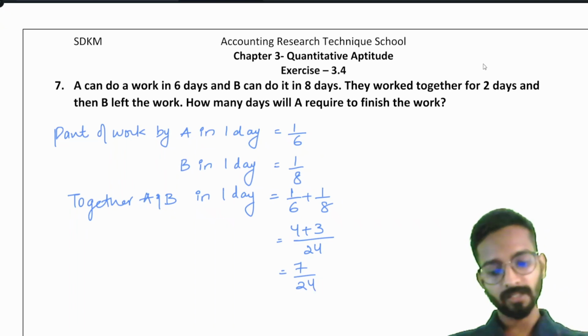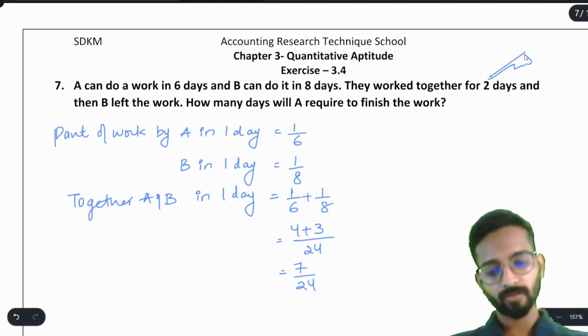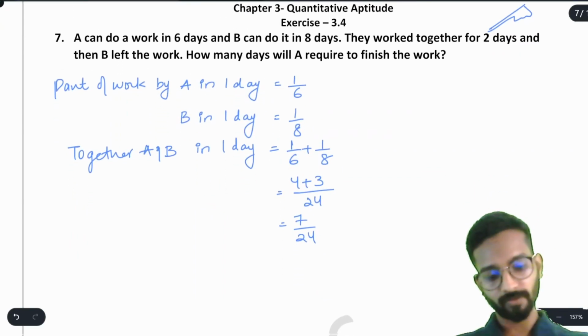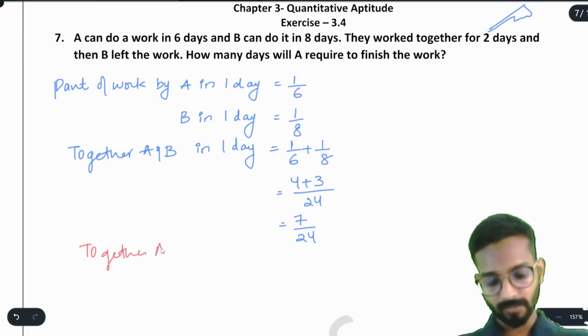What is our question saying? They worked together for 2 days. Okay. If they have worked together for 2 days, what will we write? Together A and B in 2 days, 7 by 24 multiplied by 2.